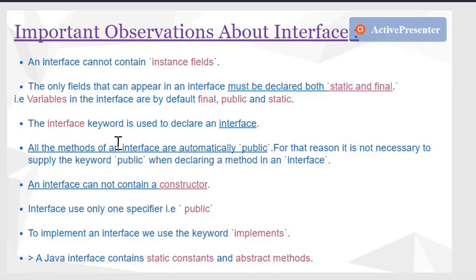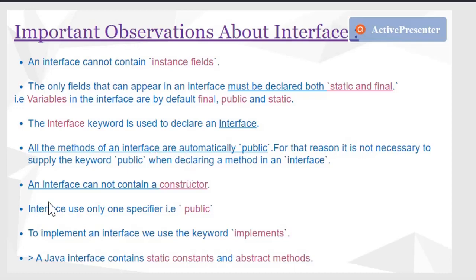The interface keyword is used to declare an interface. All the methods of an interface are automatically public. For that reason, it is not necessary to supply the keyword public when declaring a method in an interface. No issue occurs if you do not supply the keyword public in interface methods.